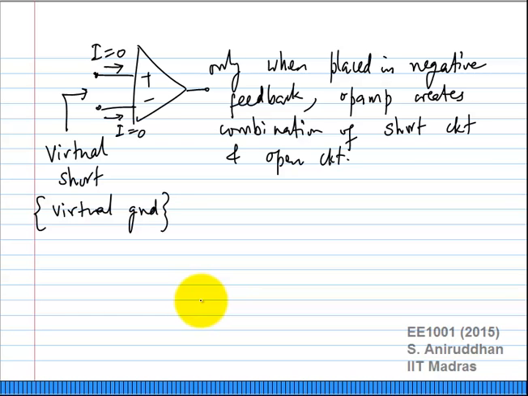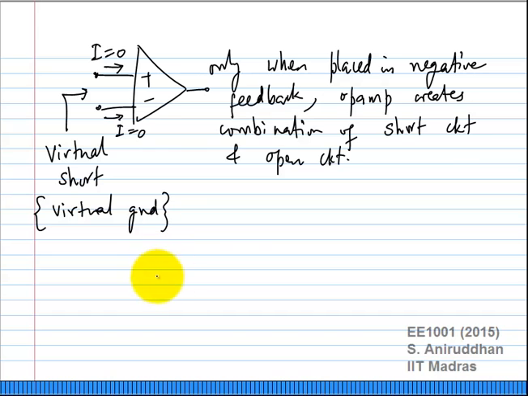I want to build this amplifier of gain K and analyze the circuit, get the gain in terms of A0. So what do I replace the op amp with? I need to replace it with some kind of circuit element or elements. Yes? Voltage controlled voltage source, that's right. You can replace it with a voltage controlled voltage source of gain A0.